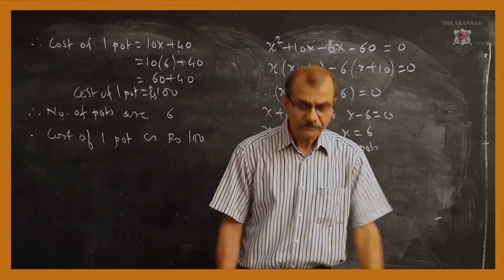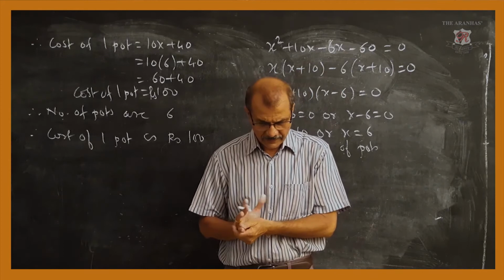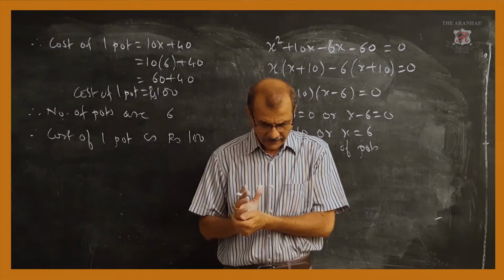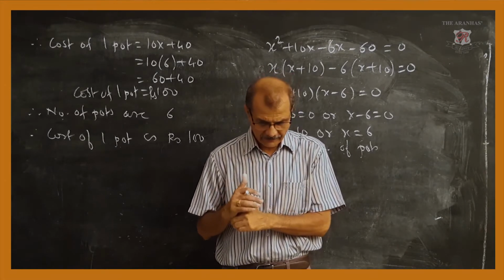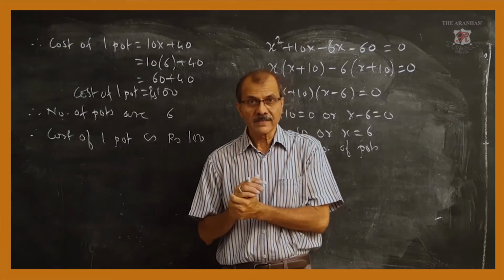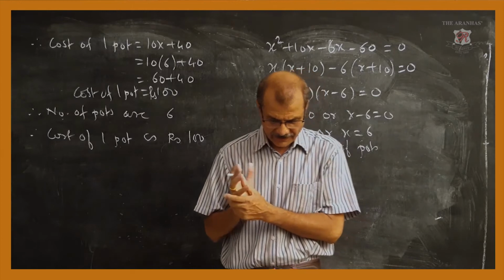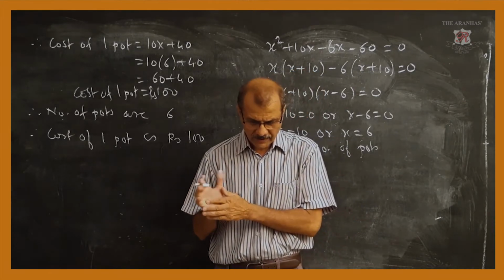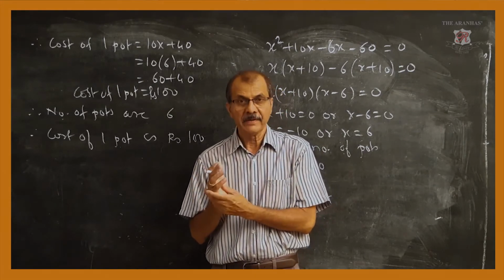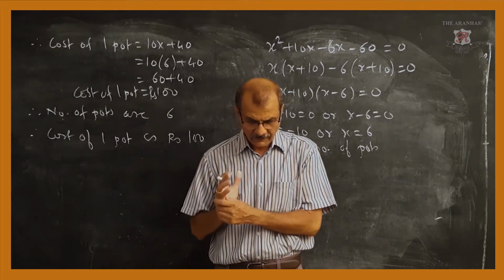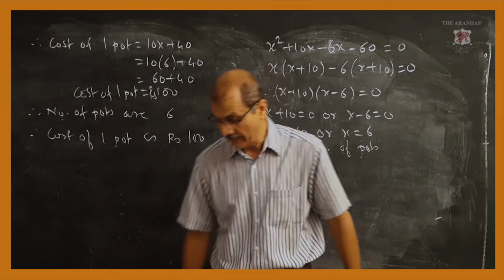After that, we will do one more sum, which is very important. It's on page number 52, sum number 9. If 460 is divided by a natural number, the quotient is 6 more than 5 times the divisor, and the remainder is 1. Find the quotient and divisor.